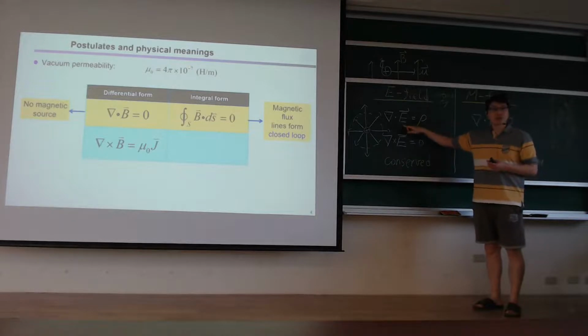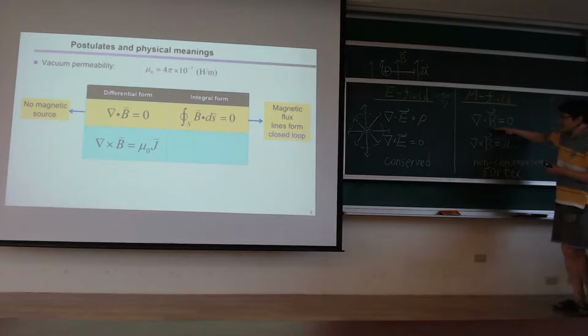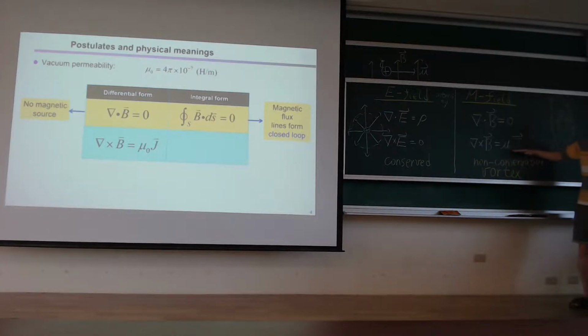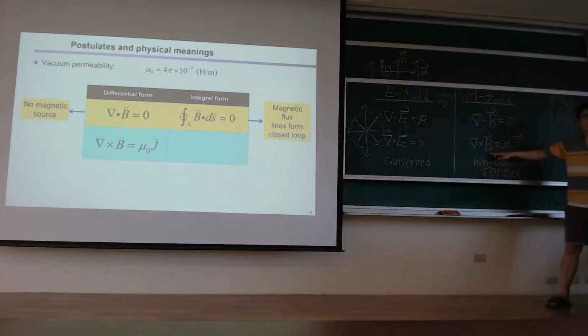If you have charge, you can create an E field. But for the first fundamental postulate of the magnetic field, we already concluded there is no isolated source to produce the magnetic field. So even though this first fundamental postulate tells you what the field lines look like, it does not tell you how the field loops are generated. And that piece of missing information is covered here. So now, please tell me, how can you generate this non-conserved vortex magnetic field?